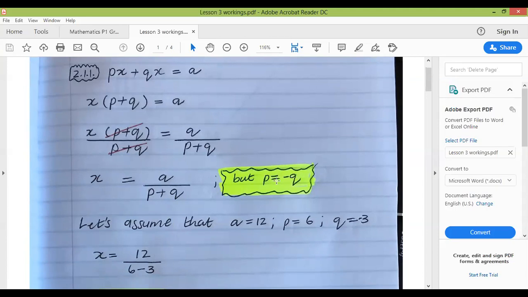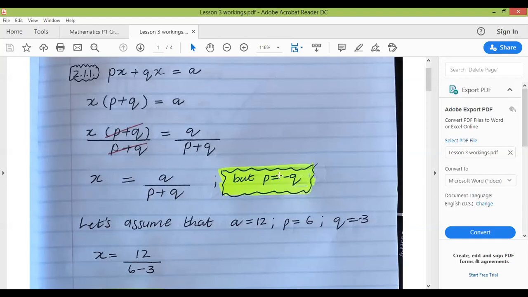Sorry, guys, this was supposed to be an equals sign with a stroke through it, which means p cannot equal negative q. Because if p is equal to negative q, and you put your negative q here and your plus q here, your denominator will be 0. Therefore, a over 0 is undefined, guys. Therefore, you cannot solve for x. So you must always show this restriction.